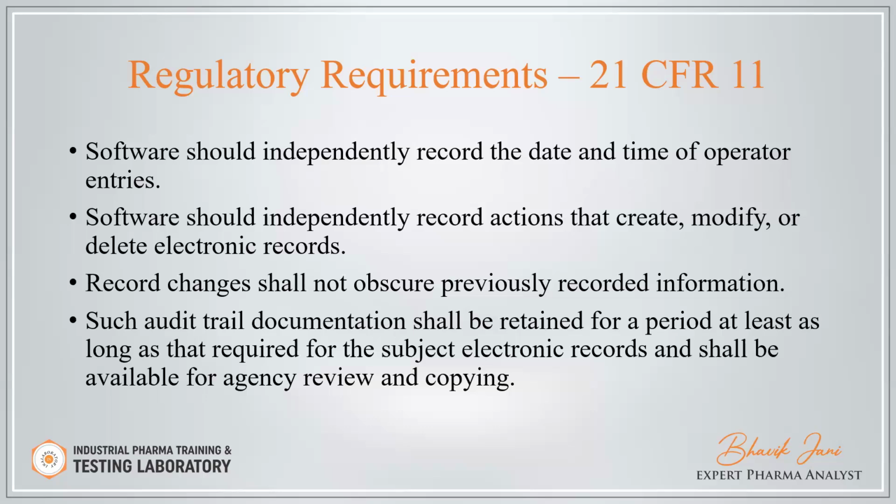Record changes should not obscure previously recorded information. Whatever records are generated should not overwrite previously generated records. If version 1 and version 2 are there, both versions should be available in the software. Version 1 should not be overwritten with version 2.